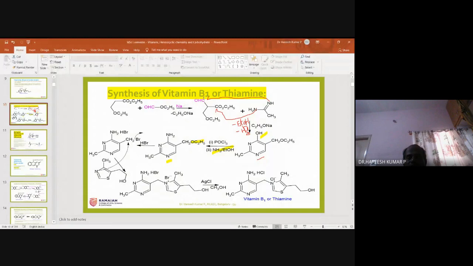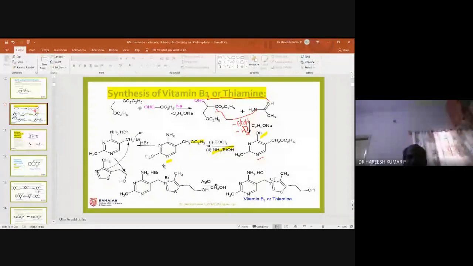This 1,3-dicarbonyl compound, on reaction with amidine, gives pyrimidine containing a hydroxy group. This hydroxy is halogenated with phosphorus oxychloride. Then hydroxy is replaced with chlorine. That chlorine is replaced with amino. That is how amino is obtained.